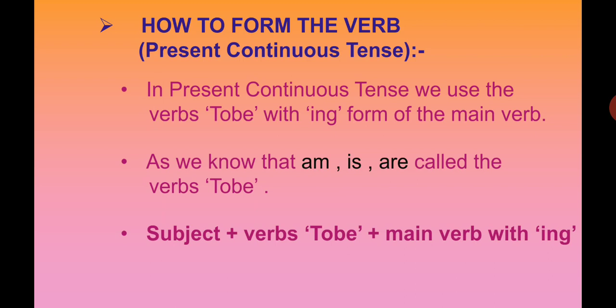How many persons is Arya? One. So we use is. Arya is playing. The main verb is play, and we add ing, so play becomes playing. So this is the sentence formation of present continuous tense.